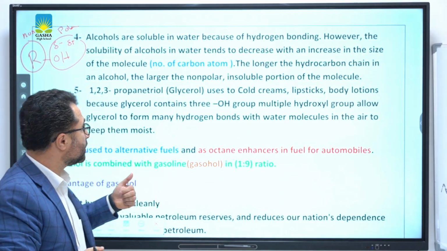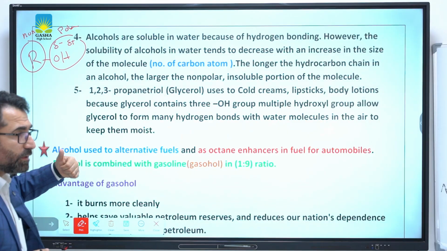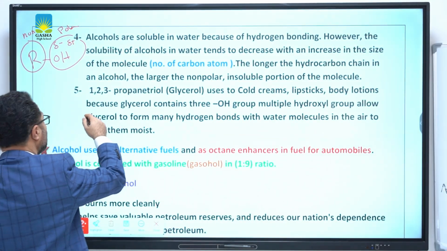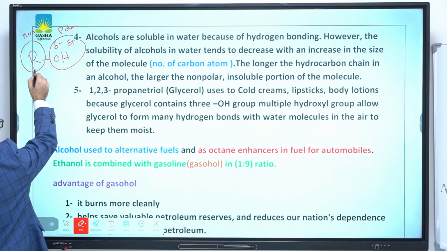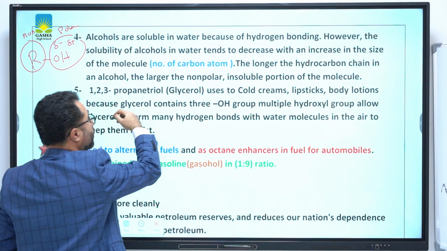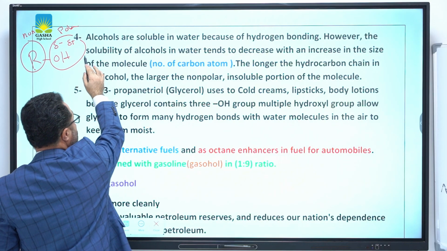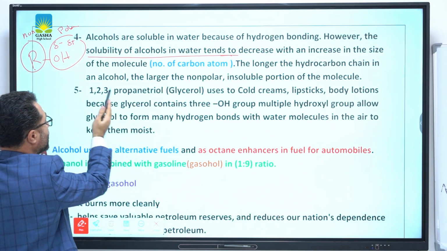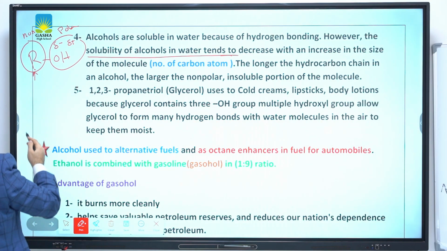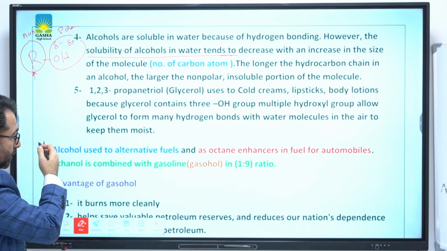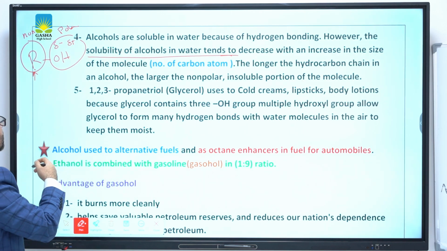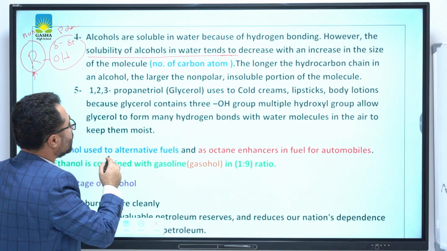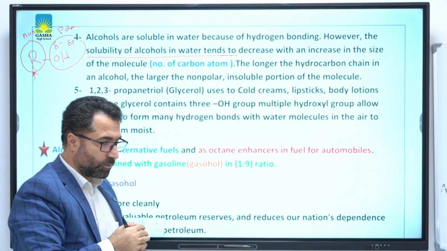But the solubility tends to decrease with increasing number of carbon. A lower carbon atom in alcohol will be soluble in water. When the carbon atom increases, the solubility tends to decrease because the non-polar part will be dominant in the molecule. So we have different solubility of alcohols.